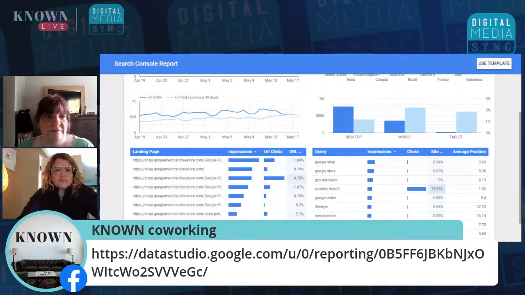And again, this is very simple reporting: number of impressions, number of clicks, the landing pages. This is something that's very important to me, especially at the moment. I'm working with an e-commerce client, and we have a few landing pages that we're keeping an eye on.